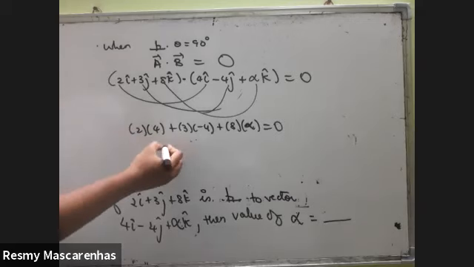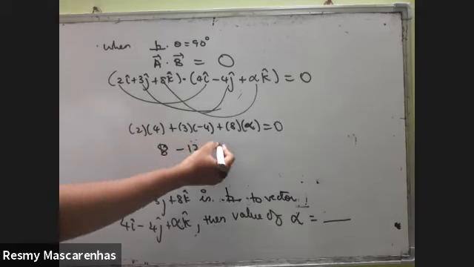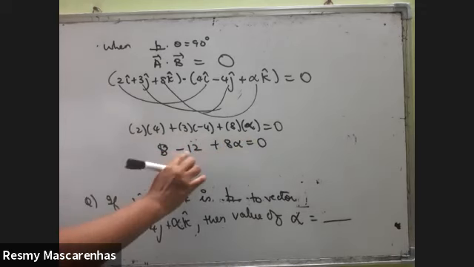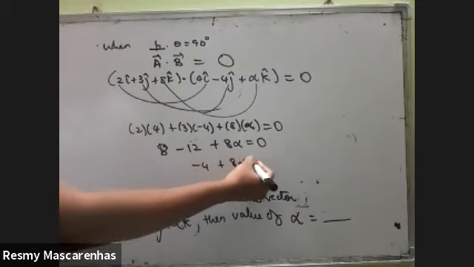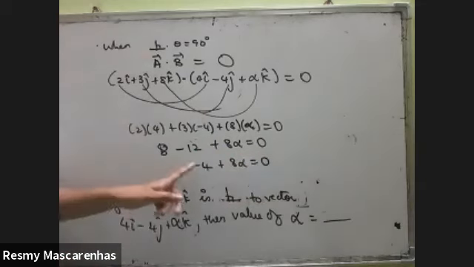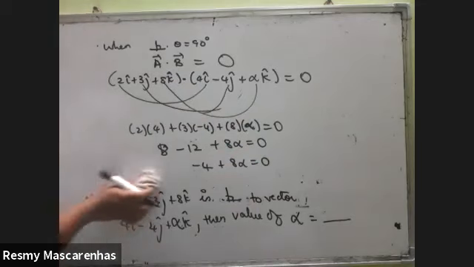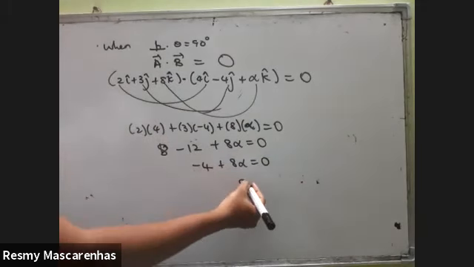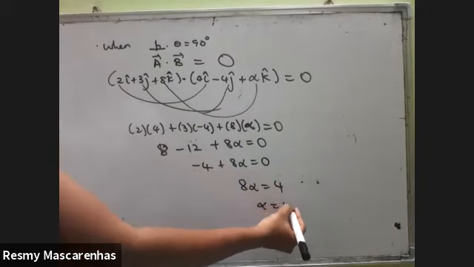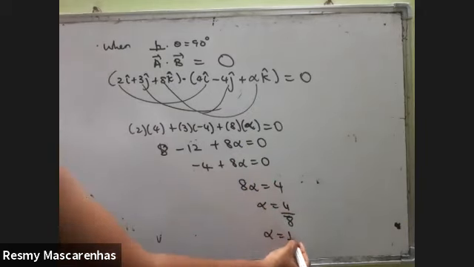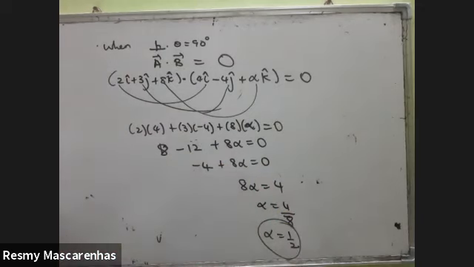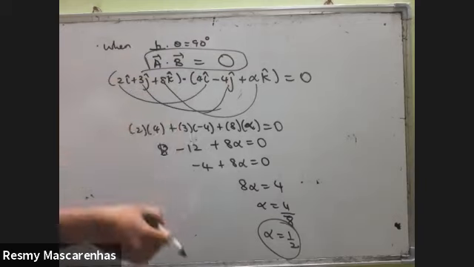So this is 8 minus 12, plus 8 alpha, which is minus 4 plus 8 alpha equals 0. Take minus 4 to the other side, it will become plus 4. Alpha is 4 upon 8, so alpha is 1 by 2. Anytime a perpendicular condition is given, you have to take this condition and then start solving.